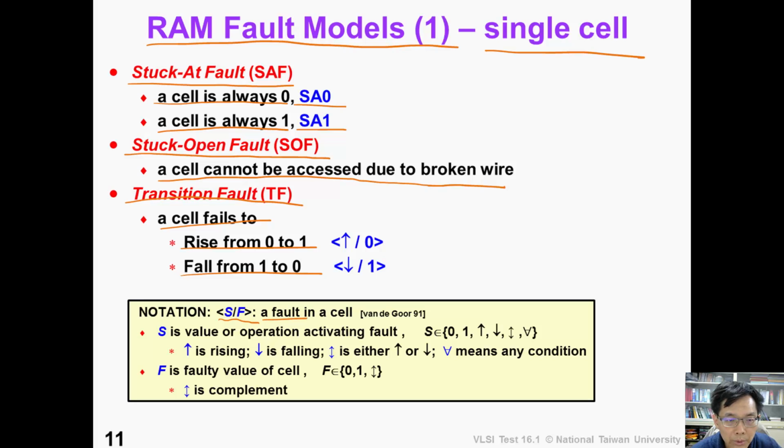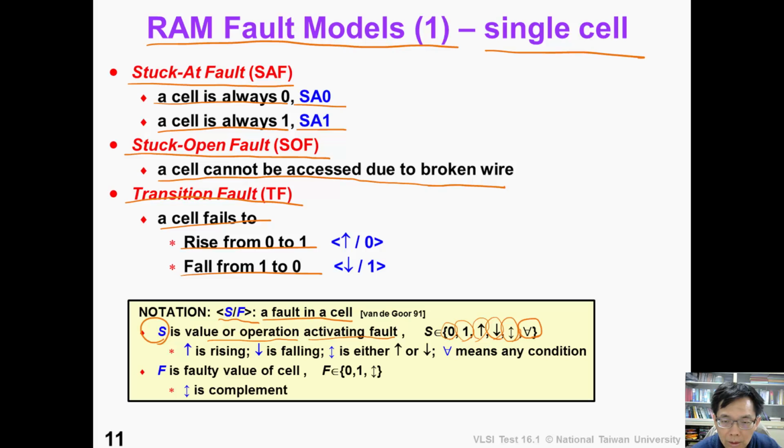In this video, we use this notation S/F to represent a fault in a cell, where S is the value or operation to activate the fault. S can be either a static 0, a static 1, or a rising transition, which is represented by an upward arrow, or a falling transition represented by a downward arrow, or either rising or falling transition represented by a double arrow.